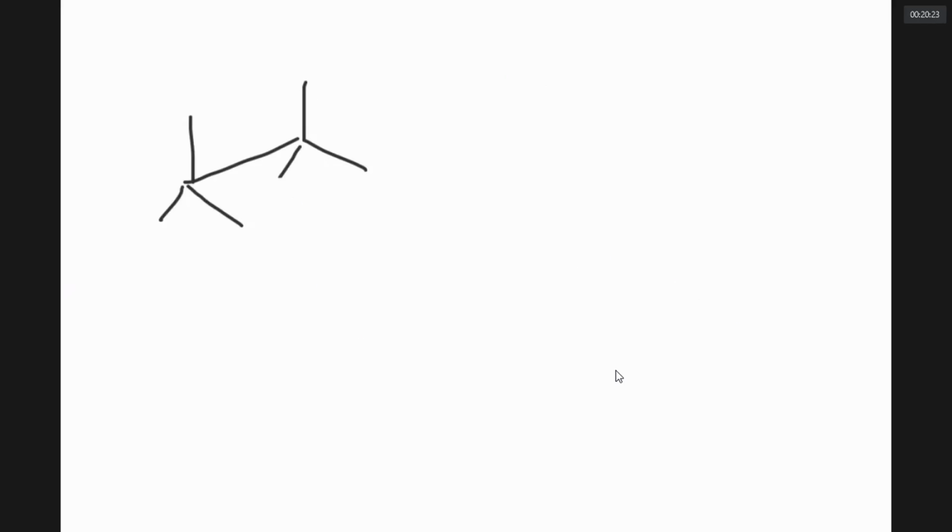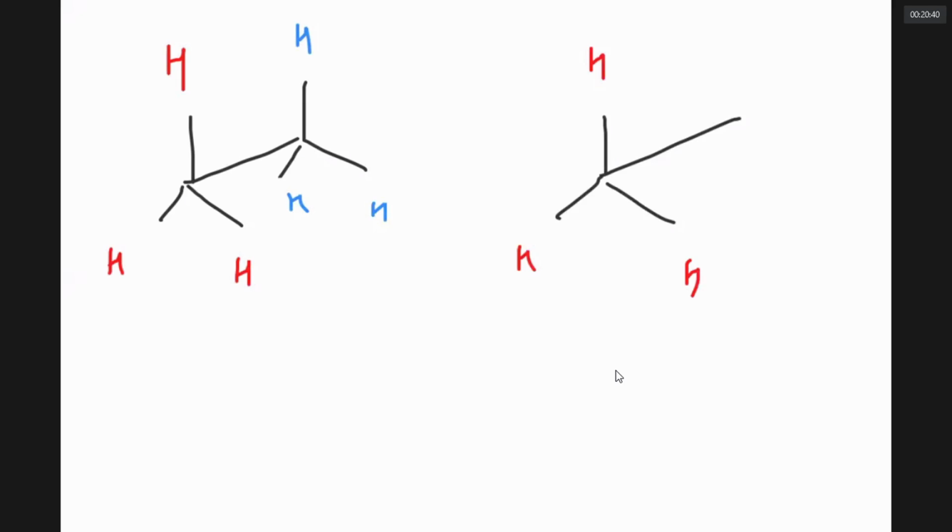Start with red color, put blue color. Again, let us take another molecule. Start with red color. One point here is there is a carbon linked to a carbon. Each carbon has 3 hydrogens.